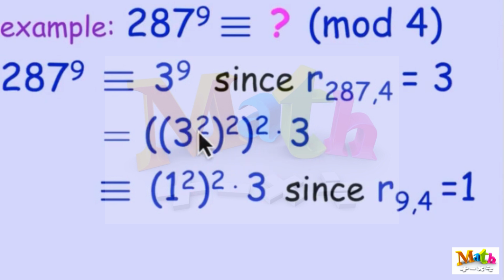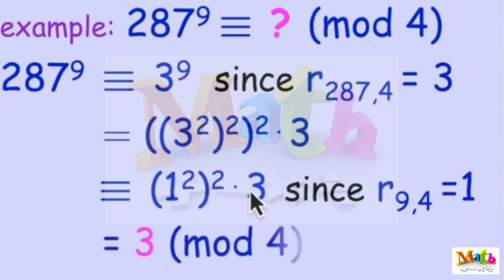So that means I can replace 3 squared by 1, and the outer squares stay, it becomes 1 squared squared squared, but that's 1, times 3. And the punchline is that 287 to the 9th is congruent to 3 mod 4 by a really easy calculation that did not involve taking anything to the 9th power.